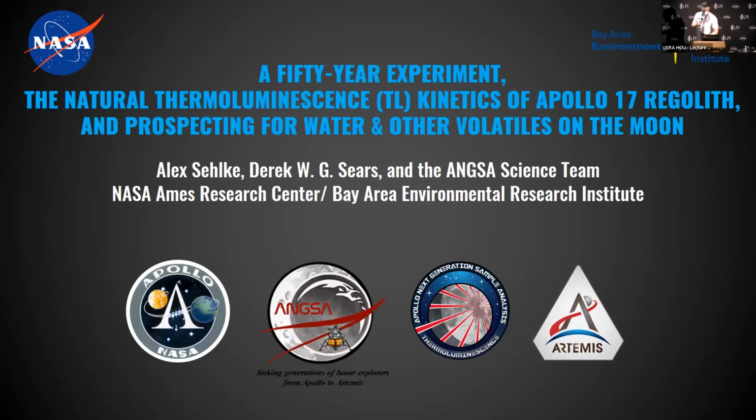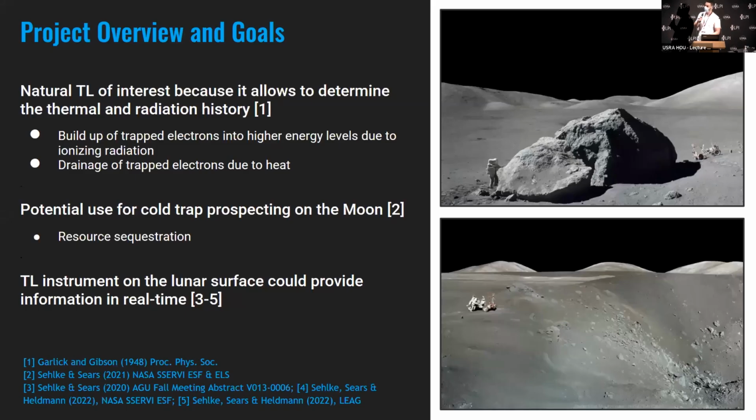To start this off, our overview: we're interested in the TL because it can tell us something about the thermal and radiation history on the moon. It's really the process of buildup of electrons into higher energy levels due to ionizing radiation, and on the other hand, the drainage of these electrons due to heat.